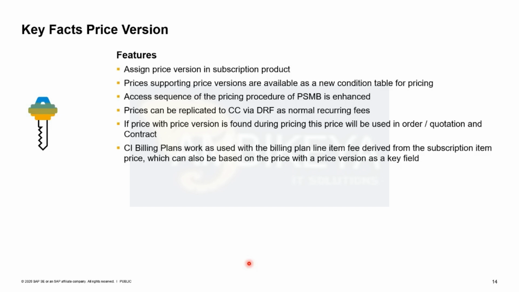So on the price master data, you can maintain a price version specific price, and also during ordering time, based on the CCM version, a price version will be determined, and a price relevant for that price version will be determined in the order or a quotation. Price version is also supported with recurring in CC. So a price key will be determined, because the price version itself is one of the keys, and the price key is determined based on price version if a price version exists for a contract.